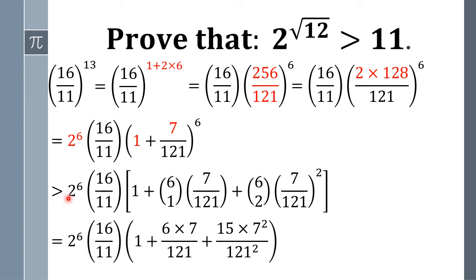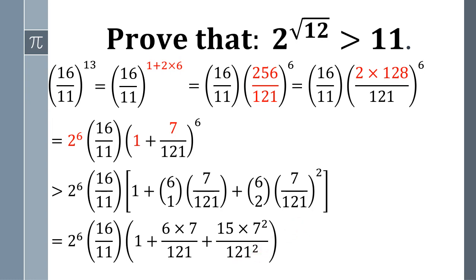It can be further written as 2 to the power of 6 times 16 over 11 times 1 plus 6 times 7 over 121 plus 15 times 7 squared over 121 squared.